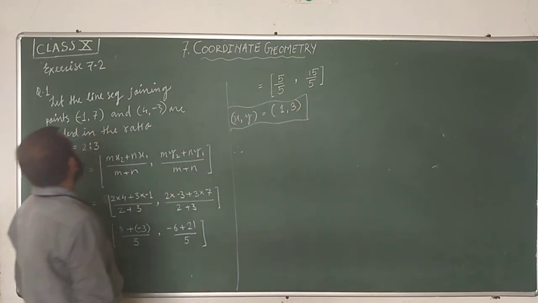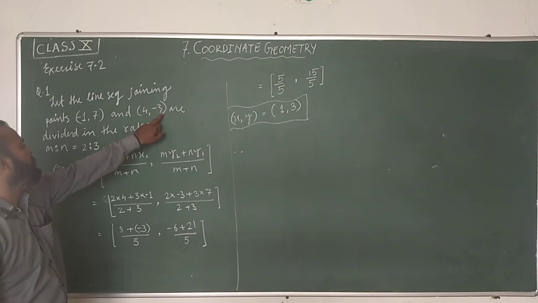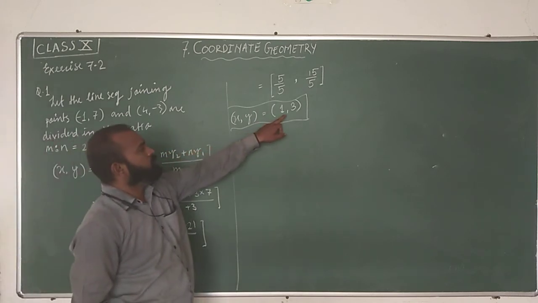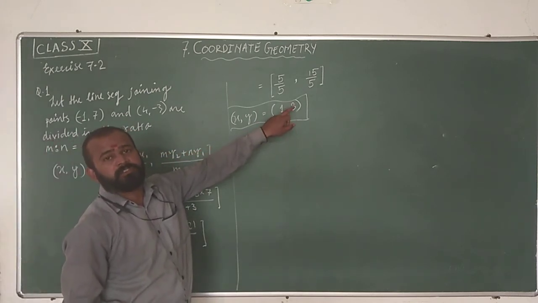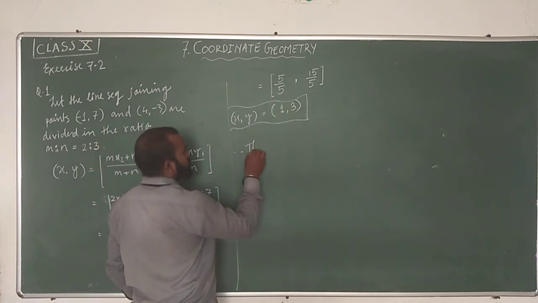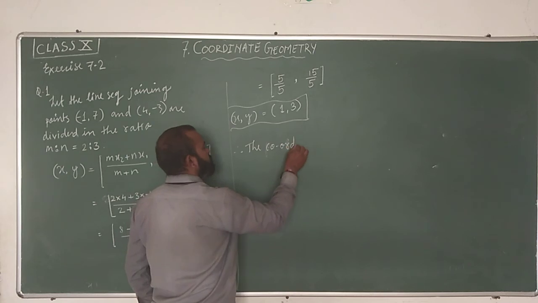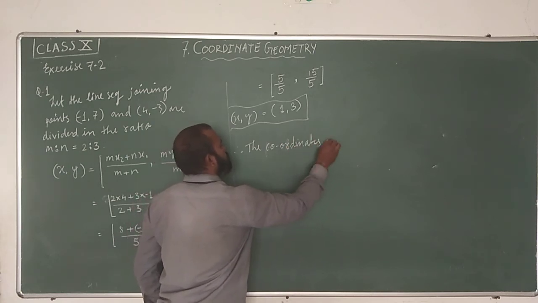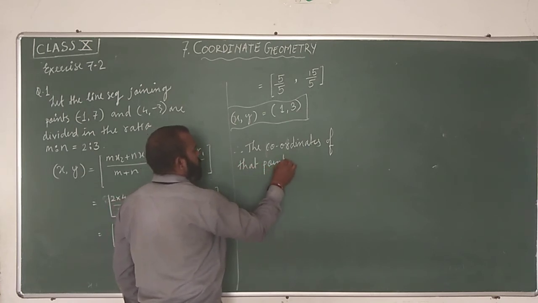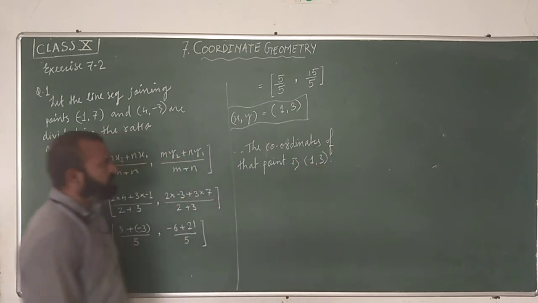Therefore we can write that the point that divides the line segment joining the points (-1, 7) and (4, -3) in the ratio 2:3 has the coordinates (1, 3).